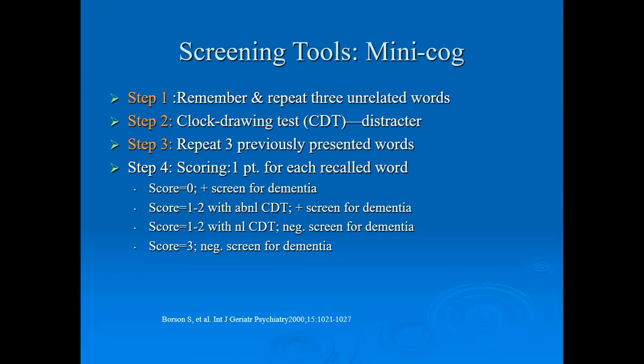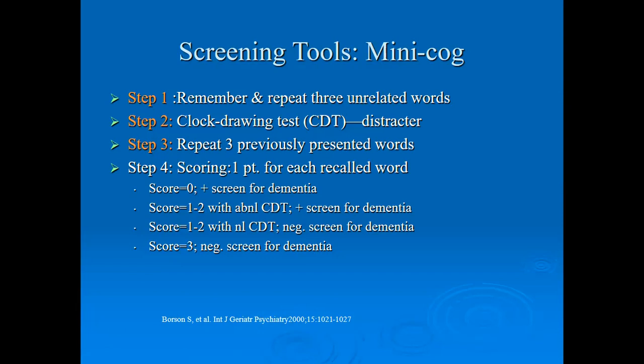This is actually a distractor. You ask the patient to draw a circle and then draw a clock. Once he has done that, you ask the patient to repeat the previous words.